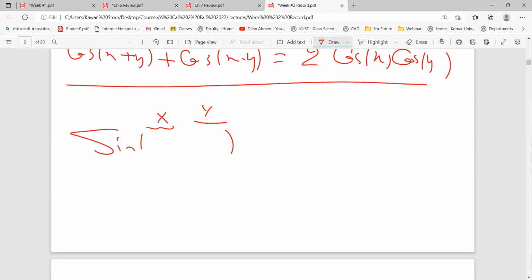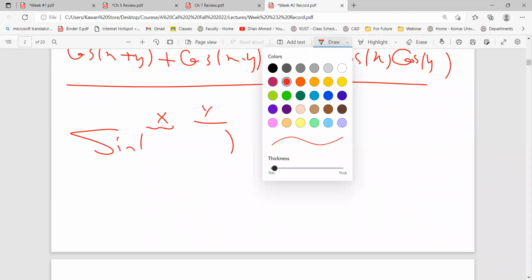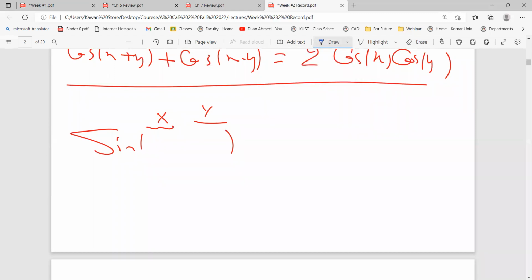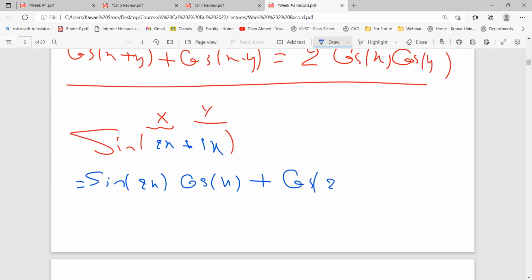In the previous one, we have what? Forget about what we have, x or y. We say it is equal to sine of the first, cosine of the second, am I right? Plus cosine of the first, sine of the second, am I right?